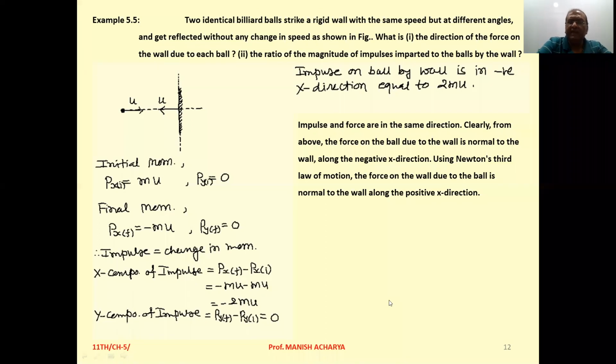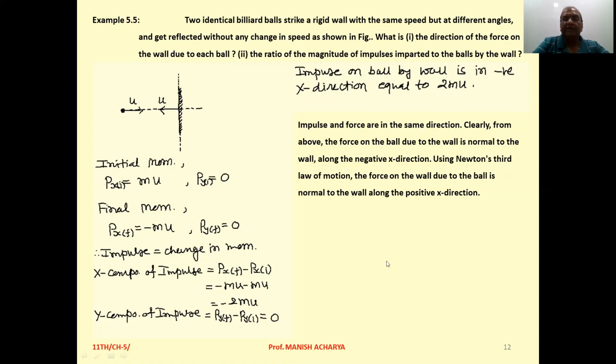Now see, impulse and force are in the same direction. So here we can understand this thing. The force on the ball due to the wall is 2mu, along negative x direction.